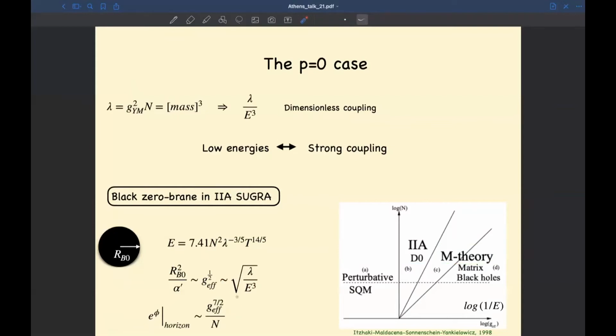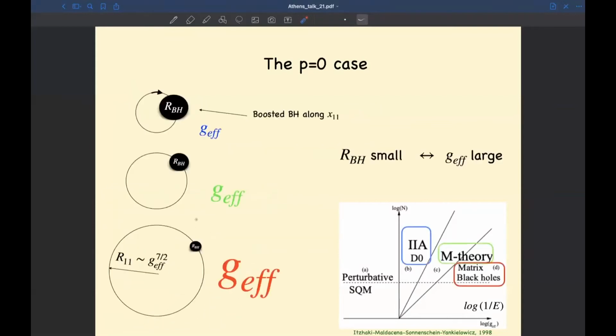And taking g effective to be very large, the 11th dimension opens up. So one should try to understand this as going from this direction to this direction here. And from the point of view of an 11-dimensional observer, this black hole will appear to be small.